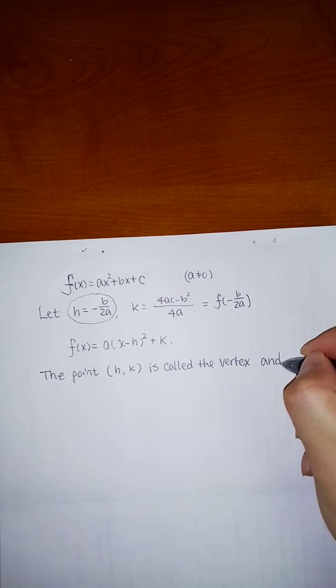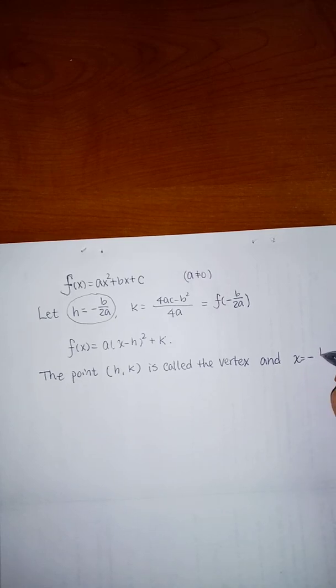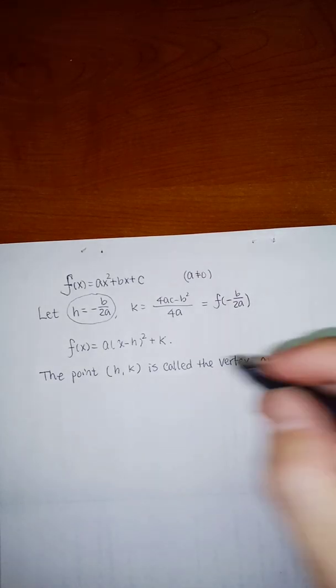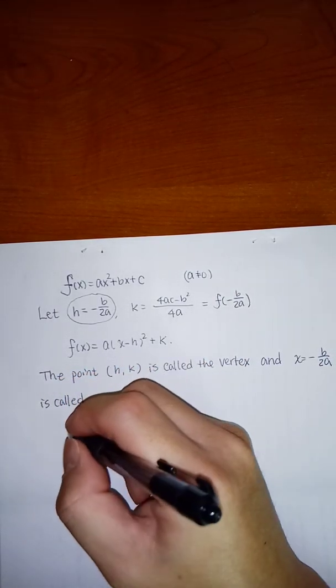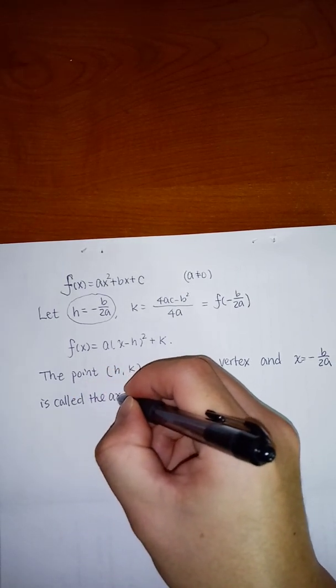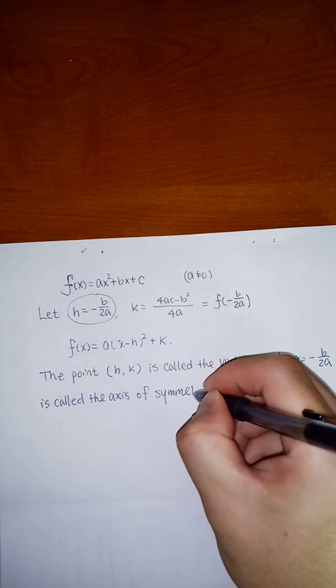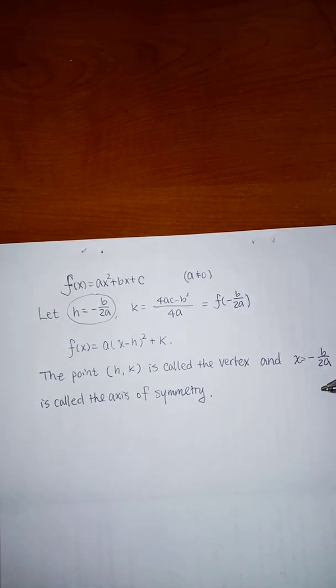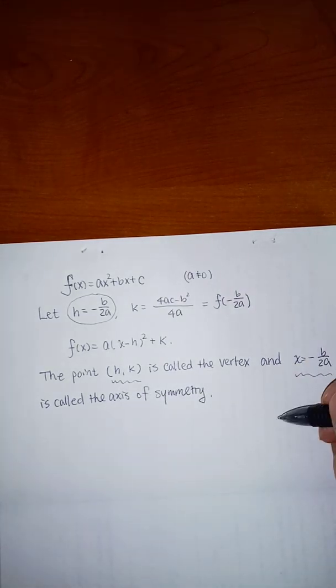And the line x equal to h is called the axis of symmetry. Okay, so the vertex is a point, the axis of symmetry is a vertical line.